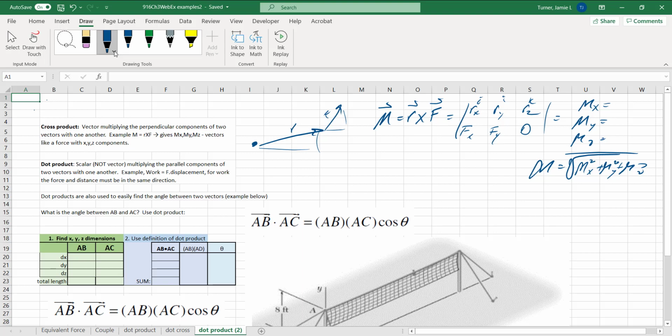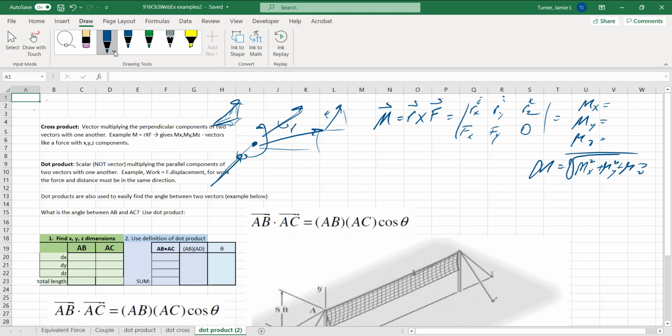The moment is a vector describing the axis of rotation, and you can split it up into X, Y, and Z components for however this thing is moving around, just like you can split a force into X, Y, Z components.